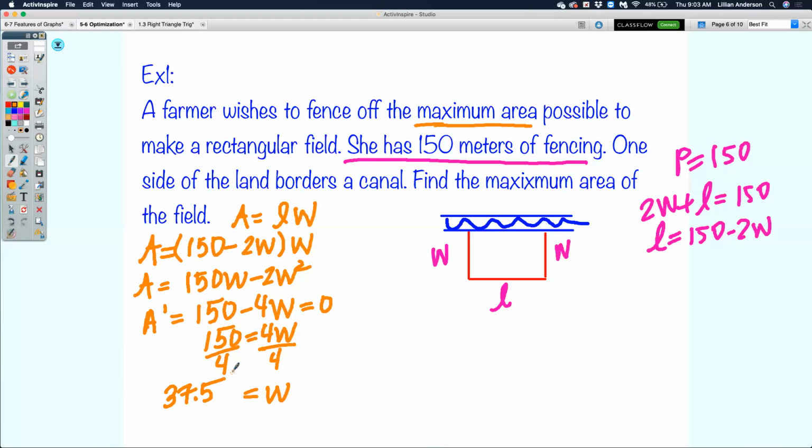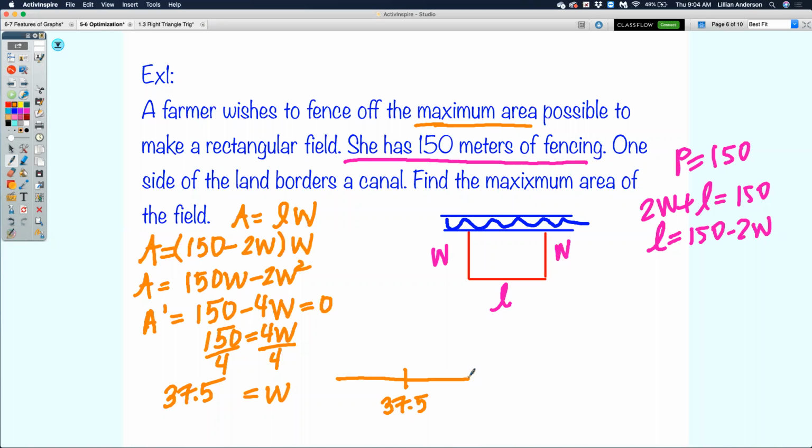So 37.5 is where the first derivative equals 0. That means that on a number line, that value is going to represent either my maximum or a minimum.